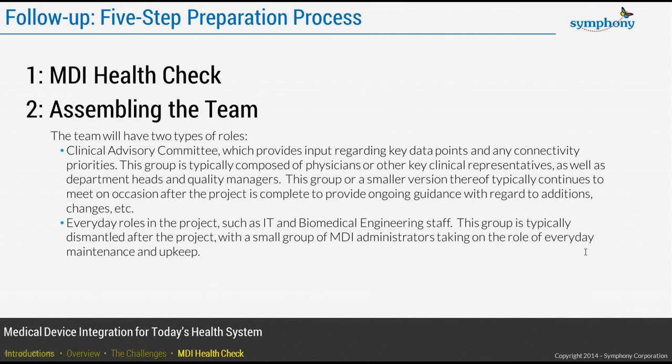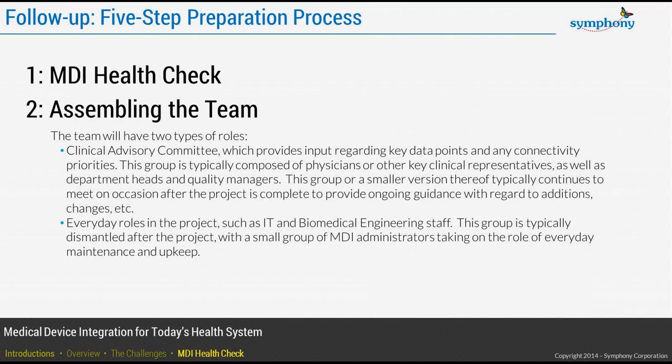You've got what we're calling a clinical advisory committee, made up of clinicians, managers, risk managers, people like that we can go to and ask questions such as what are the data points we want to use, how often are we going to collect these data points, things like that. This team is really invaluable as a go-to resource, but they're not necessarily going to be involved in the process day-to-day. So you're talking maybe a once-a-month meeting for these folks.